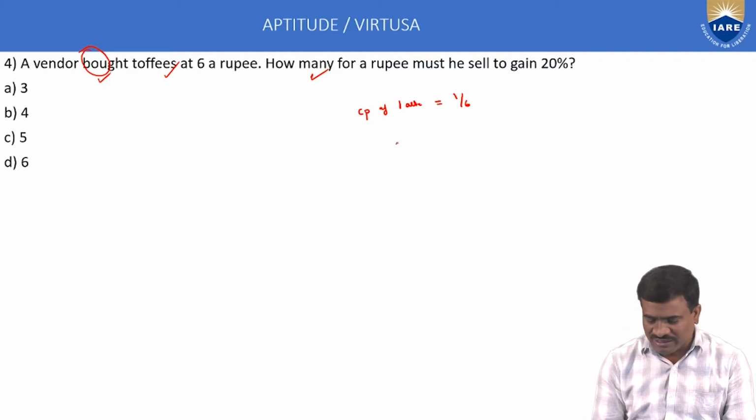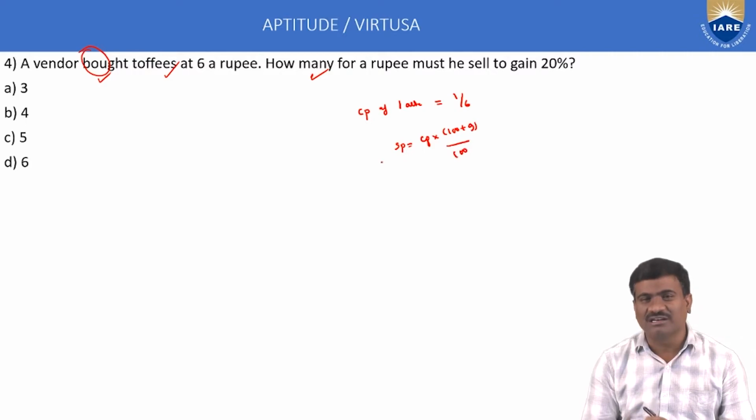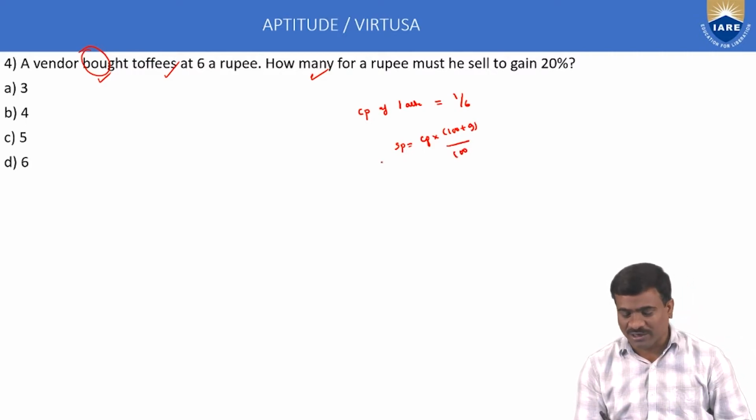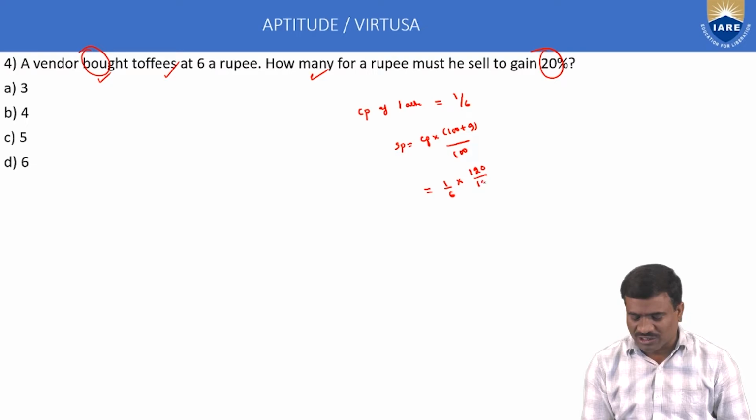Your next method, selling price is equal to cost price into 100 plus G by 100. Here calculate selling price, but gain 20 percentage is given. Now substitute cost price of one article 1 by 6. Your next G means 20, that is 120 by 100.